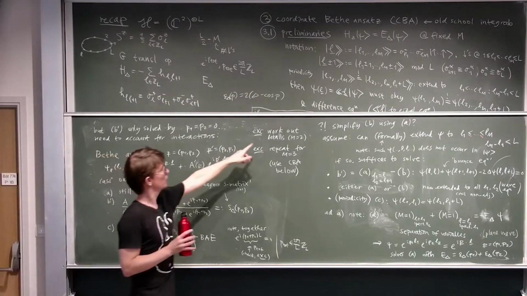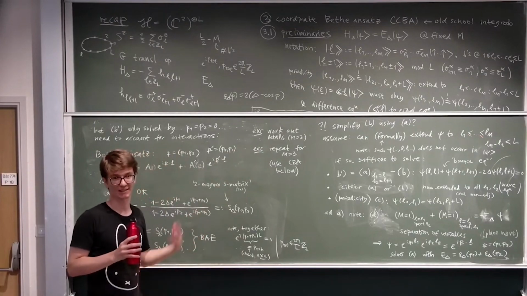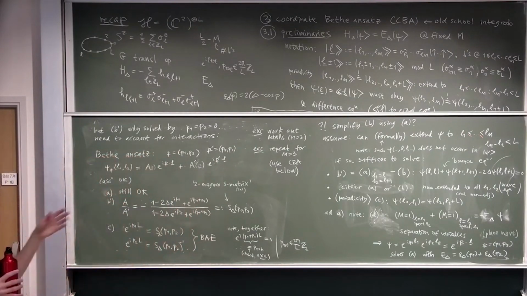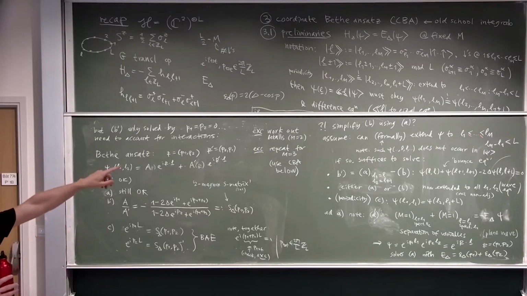Okay, so I'm asking you to work out the details for M equals 2 and check that everything that I said is correct. But just before I mention the results for general M and talk more about the interpretation of all these things that we found, I would like to quickly check if the idea makes sense. So what we did is we had this wave function, we extended it first, not just to the interval 1 up to L, but to any interval of length L in the integers.